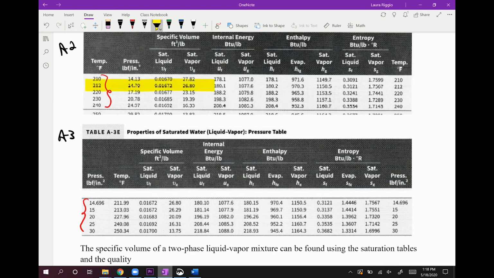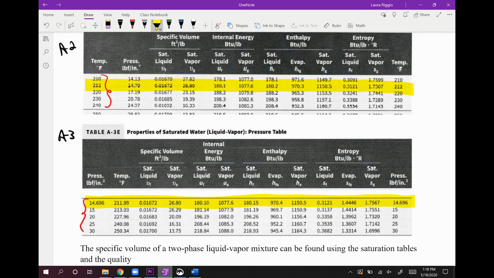If we look at 212, it tells us that our pressure is 14.7 psi, which would make sense as the boiling point of water under standard atmospheric pressure. And if we look at the pressure table, it tells us for a pressure of 14.696, our temperature is 211.99.